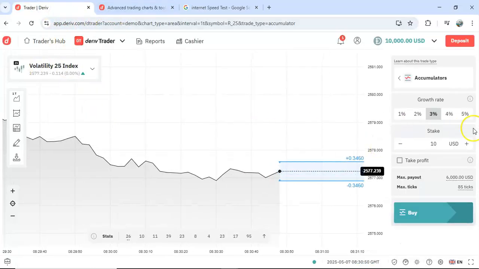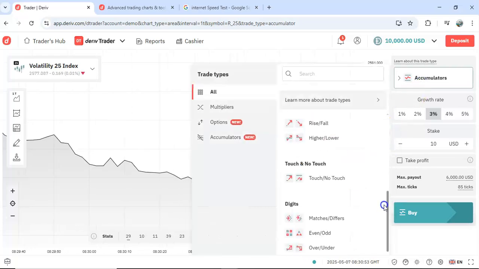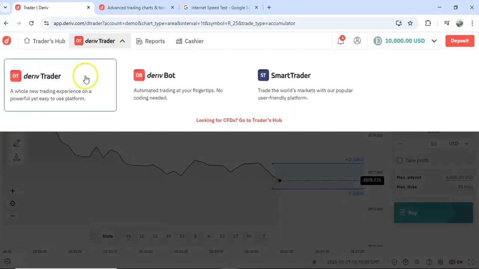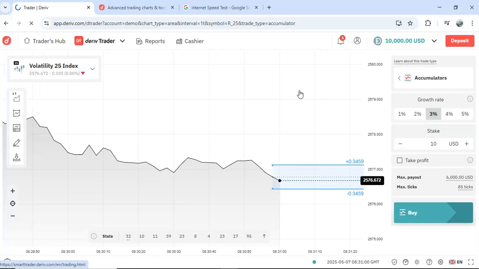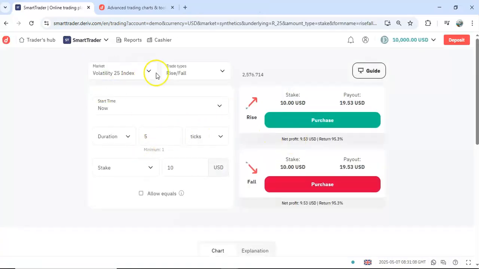So after that, we need to come here we change our time frame to 5 minutes, and then after that we need to go back to our Deriv.com, and then I'm going to come here and change it to rise and fall. So sorry guys, we're not going to use the Deriv trader, we are going to use the smart trader.